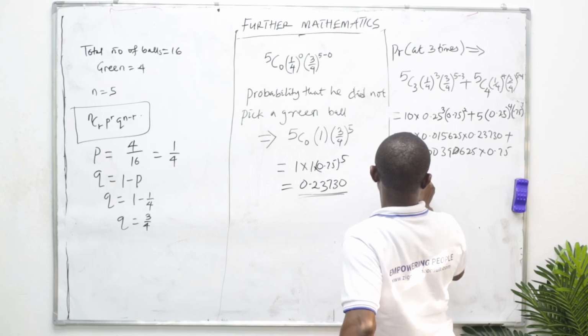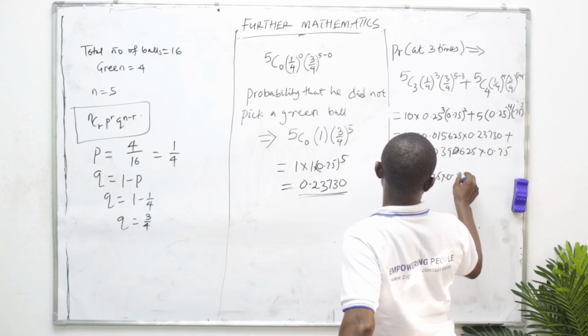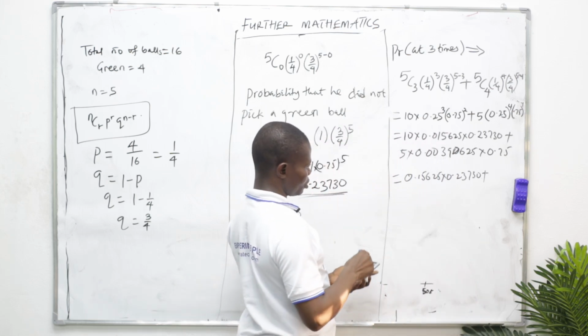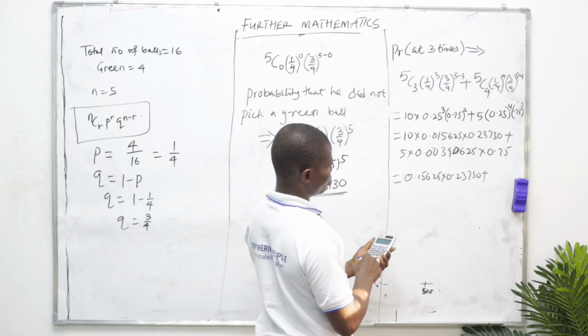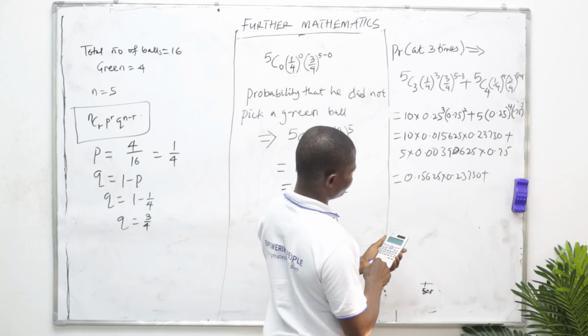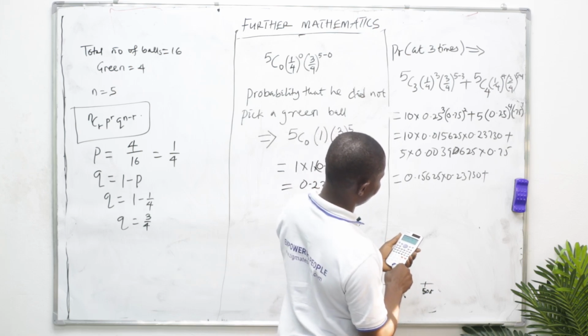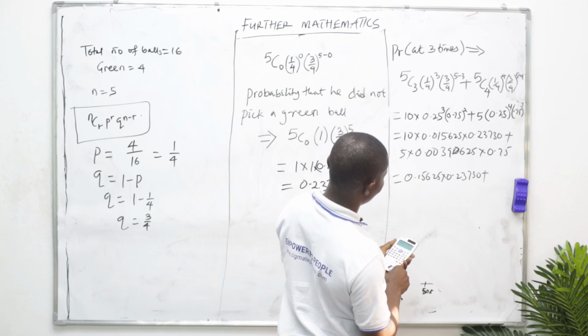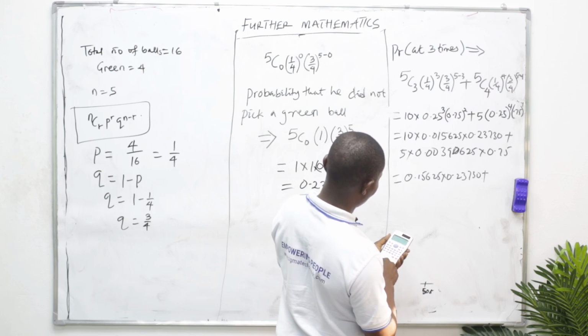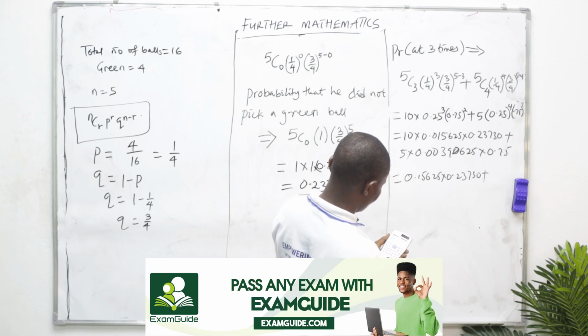This will give us 0.15625 times 0.23730, plus 0.00390625 times 5 times 0.75.